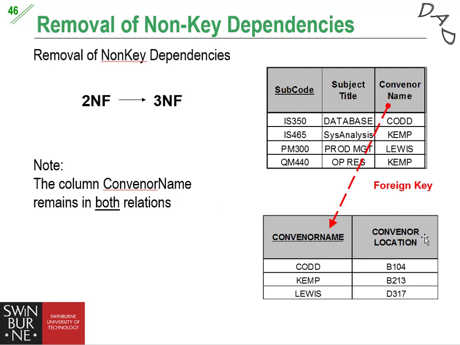So this is what we have done. We take the convener location and put it into another table, and then we linked it with the convener name.